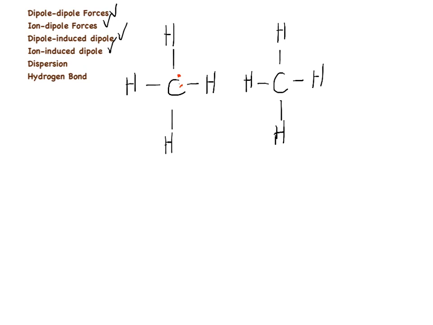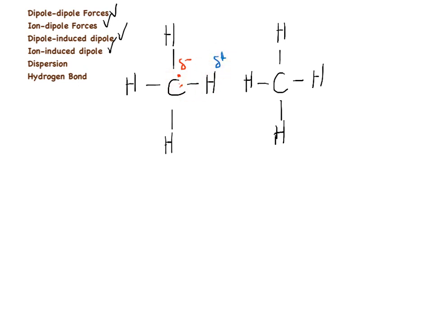So we just froze time. Both the electrons are over here. So that means there's going to be a partial negative charge here, just for an instant. Not overall, but just for one moment in time. And therefore, in that moment, there's a partial positive charge here. So this is an instantaneous dipole moment.